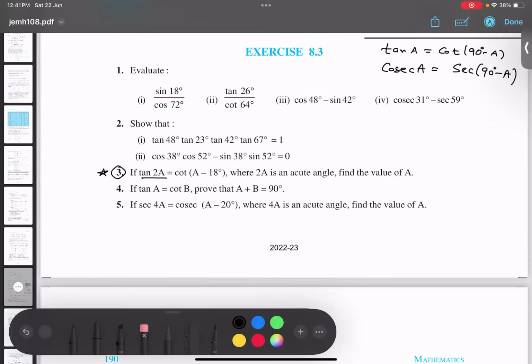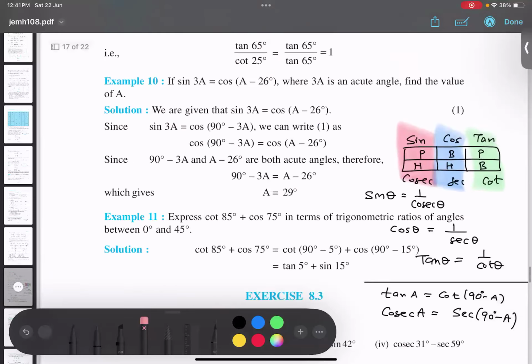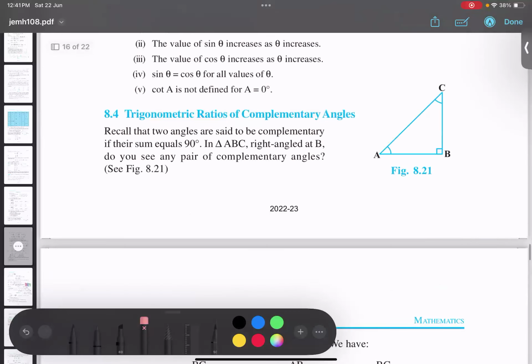Now tan 2A equals cot A minus 18. Find the value of A. As I told you, if two ratios are equal, then only I can make the angles equal. Remember, I told you if sine A equals sine B, then I can say angle A equals angle B. Let me give you a recall again.